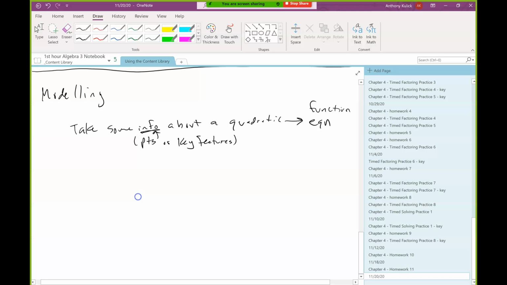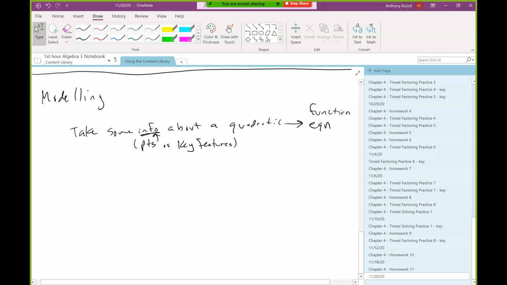So there's really 3 situations, and depending on which of the 3 situations we have, we'll use one of the 3 forms that we can write a quadratic in. So those 3 situations. If you have the vertex and one other point, we're going to use vertex form.